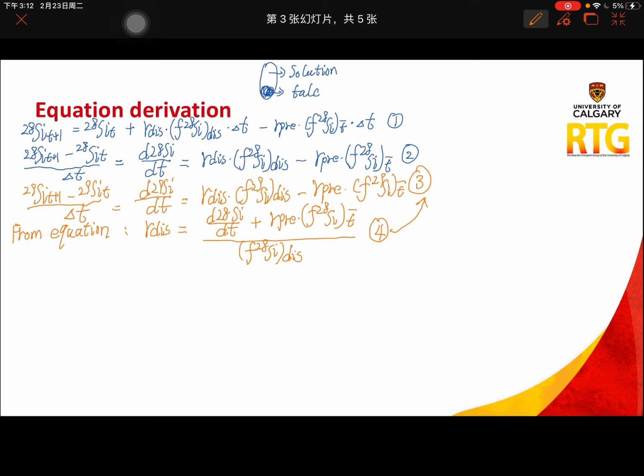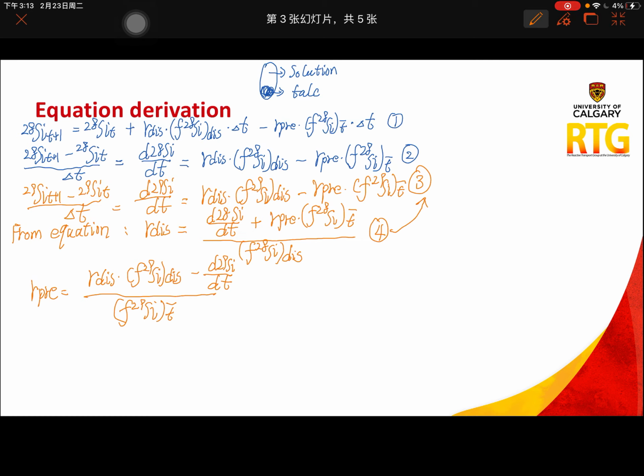Then we can get the rate of precipitation equals d29 silicate over dt minus the dissolution rate, which actually equals RDIS times the fraction of 29 in solid, over the fraction of 29 in the solution.